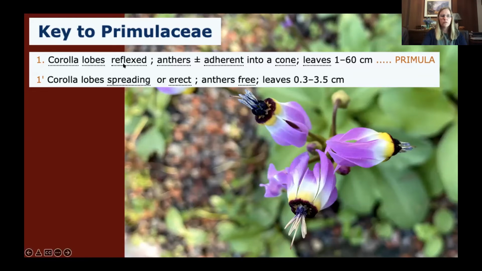The corolla lobes are reflexed, anthers more or less adherent into a cone, leaves 1 to 60 centimeters, or corolla lobes spreading or erect, anthers free, leaves 0.3 to 3.5 centimeters. So in this case, we have very strongly reflexed corolla lobes, and the anthers are adherent into a cone.